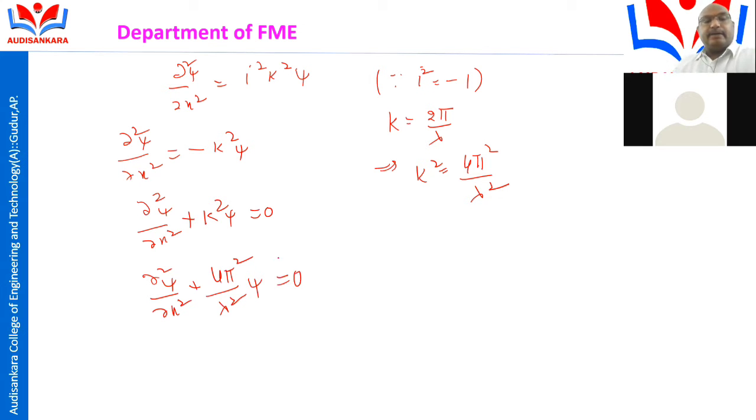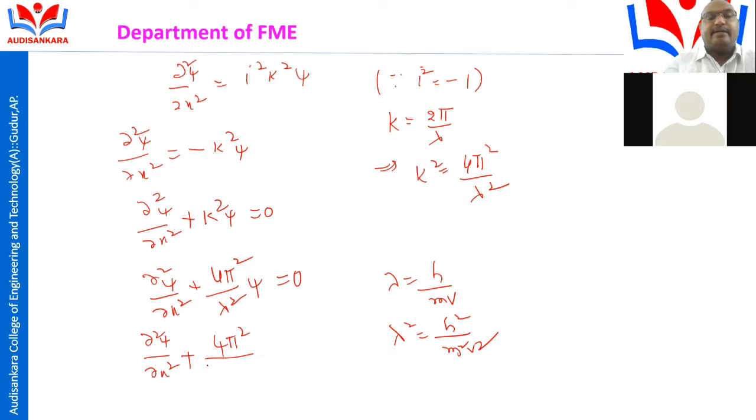Now, by de Broglie's hypothesis, lambda is equal to h by mv and lambda square is equal to h square by m square v square. In place of lambda square, substitute h square by m square v square. Therefore, dou square psi by dou x square plus 4 pi square by (h square by m square v square) into psi is equal to 0.